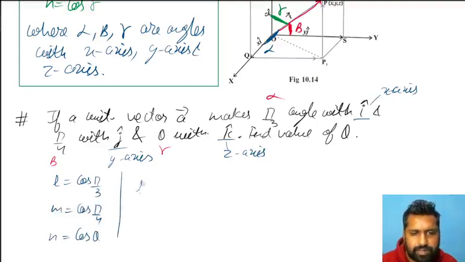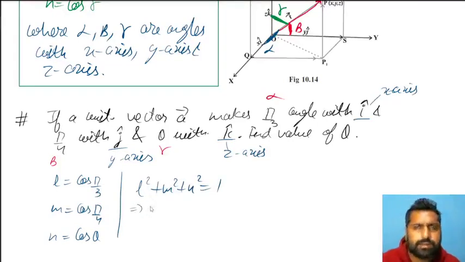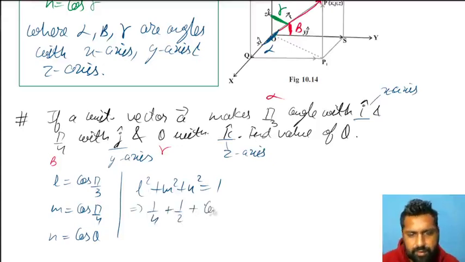And what is the other relation? I told you don't try to learn cos square alpha plus cos square beta plus cos square gamma is 1. Do it like this: L square plus M square plus N square is 1. So put the values. Cos pi by 3 is cos 60, that's 1 by 2, so square is 1 by 4. Plus cos pi by 4 is 1 by root 2, so square is 1 by 2. Plus N square, cos square theta, is 1.